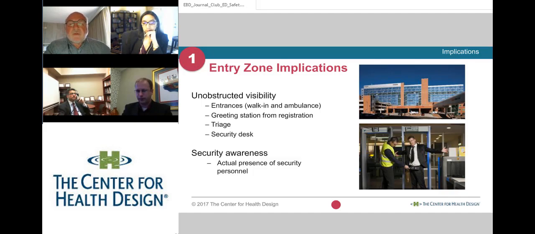The ability to maximize visual contact throughout those areas is what we were hearing to be the most important component.